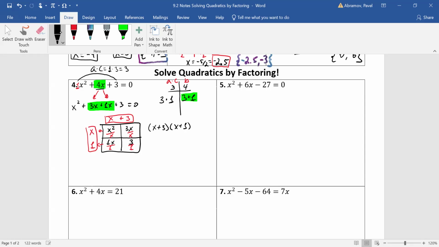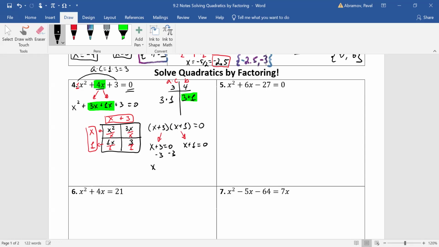However, keep in mind that's not the final answer because now we're solving an equation. So this is the factored form, but this is the expression that should be equal to 0. And now we have to use our zero product property, where we will set each one of the parentheses equal to 0. So x plus 3 equals 0, x plus 1 equals 0.